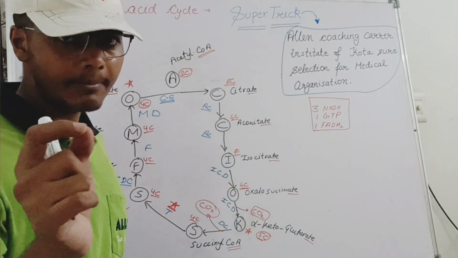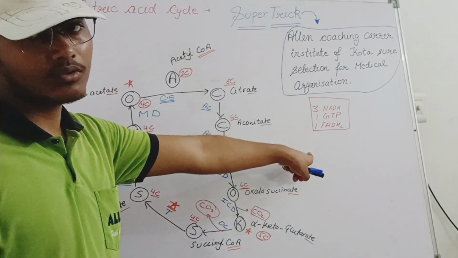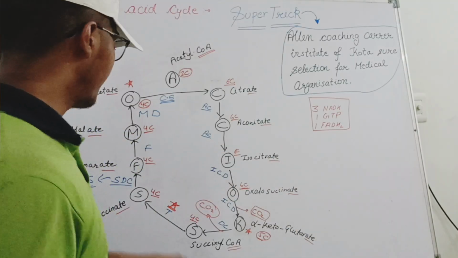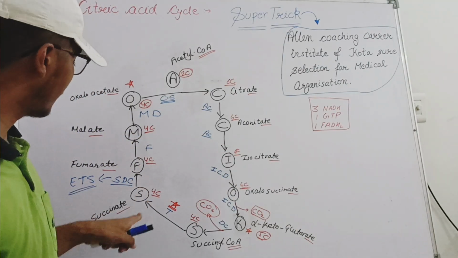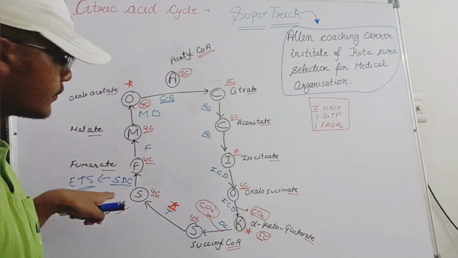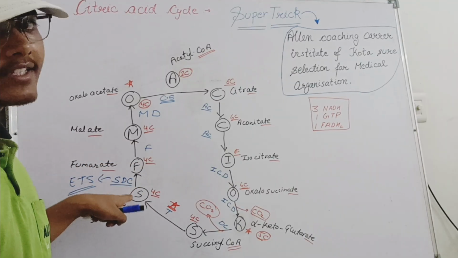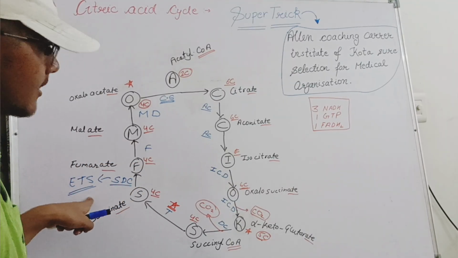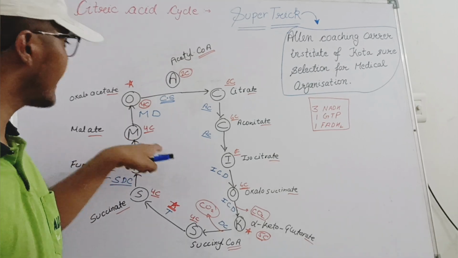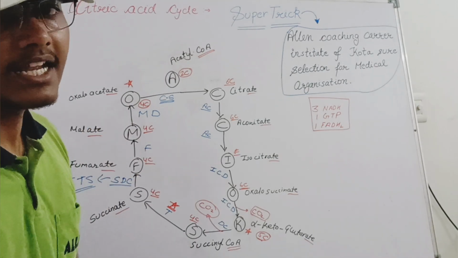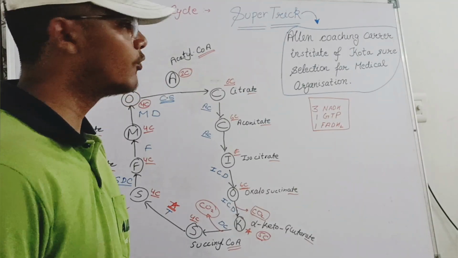Okay, so you will remember this, and I will also tell you about this next. Then we move further from succinate to fumarate. We will use the succinic dehydrogenase complex, and that is the ETS enzyme. The next one, from fumarate to malate, we will use fumarase. The next one is malate dehydrogenase. That is super simple.